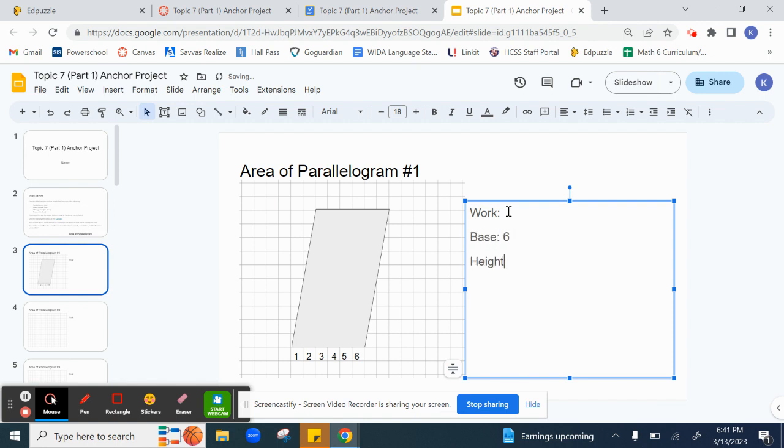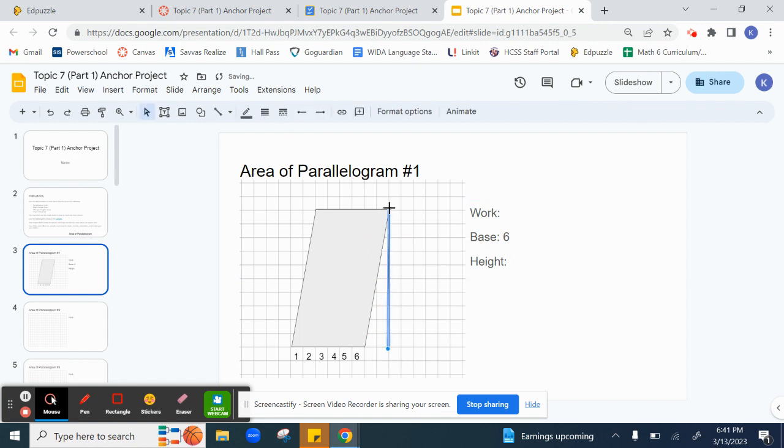All right, and then now let's count our height. Remember, a height has to go from top to bottom. So I'm going to make a height line over here that starts at the top and goes down to the bottom. Let's count the height. This one's going to be a little trickier. Actually, I wonder if I can do this.